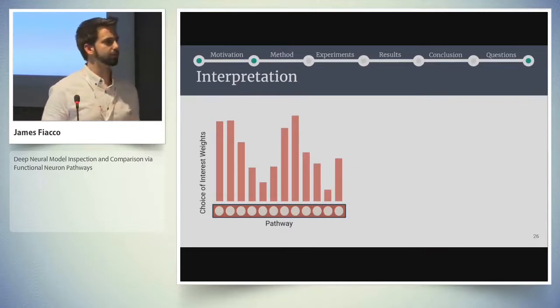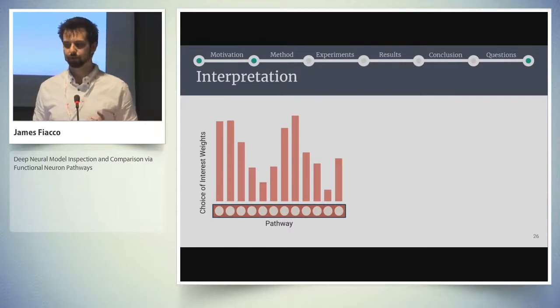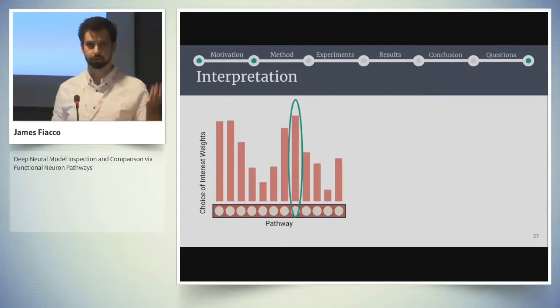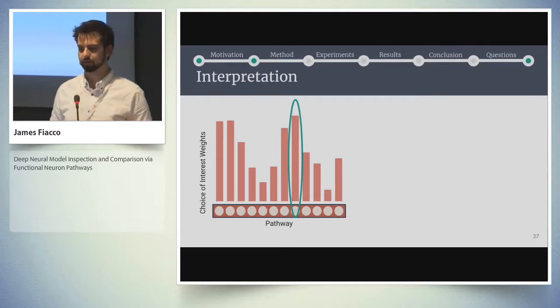First, we take the weights from the choice of interest probe, and we look for the highest weights that indicate that pathway is important for that question.